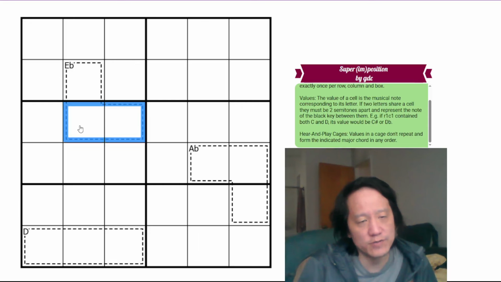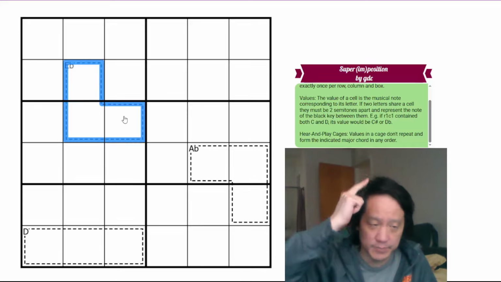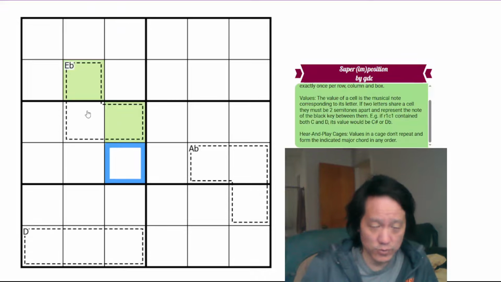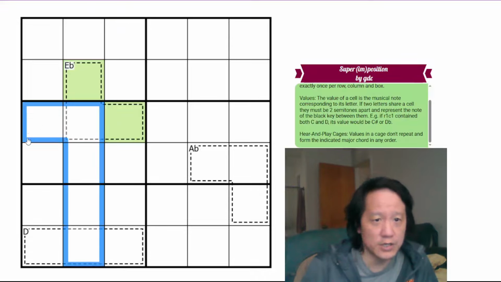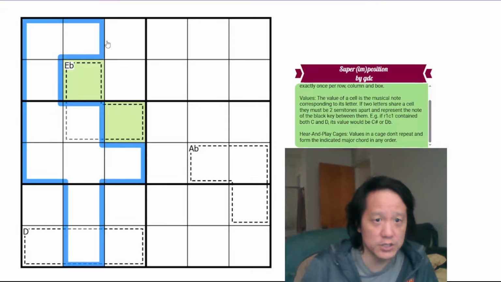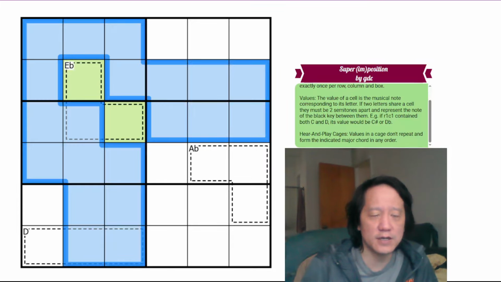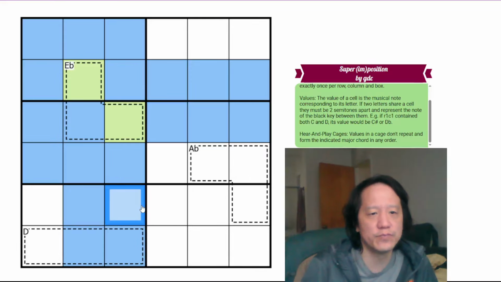So there has to be 1 of these, there has to be 1 here to form an E flat and a B flat. So these have to be Schrodinger cells, which means we don't have a Schrodinger cell in the same regions, rows, or columns. So these cannot be Schrodinger cells here.